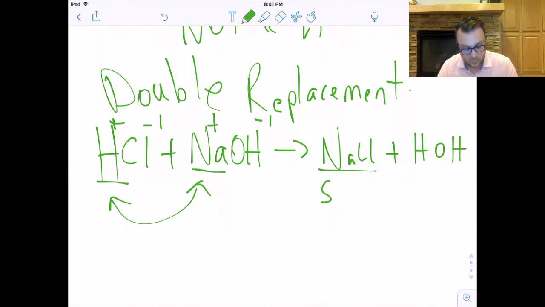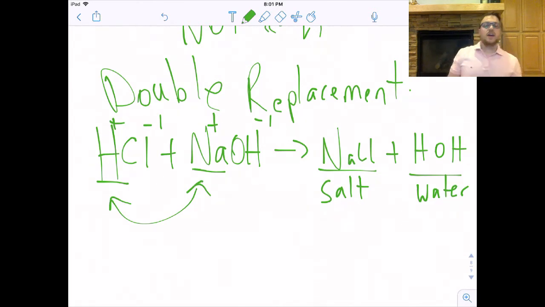So if you're identifying a double replacement reaction, you need to see the double switch. Na and H both trade with each other, and both Na and H are bonded to somebody new. They like to ask prediction questions with these.